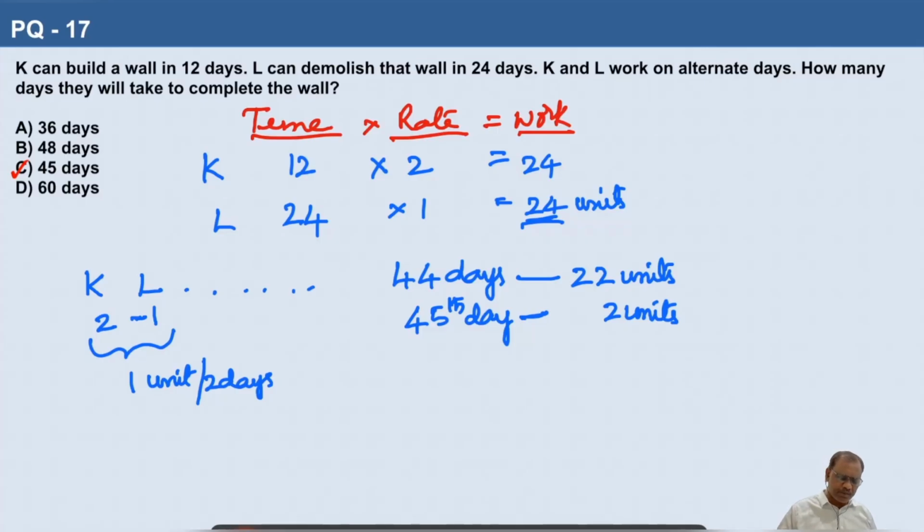So how many days will it take to complete the wall? It will take 45 days to complete the wall. Once 24 units are done, the work is completed. So option C is the right answer.